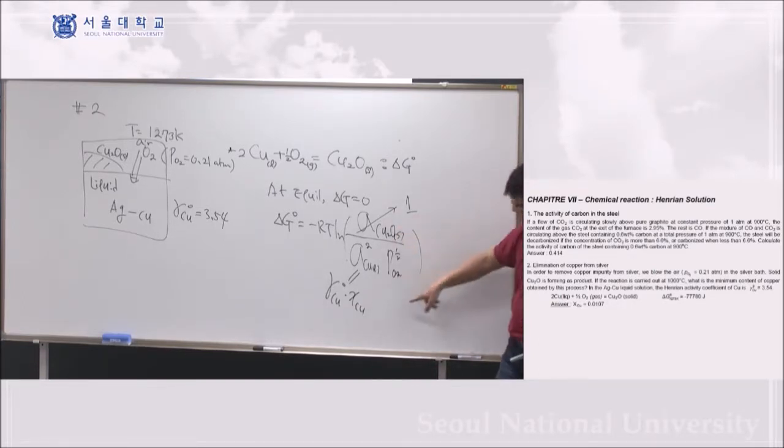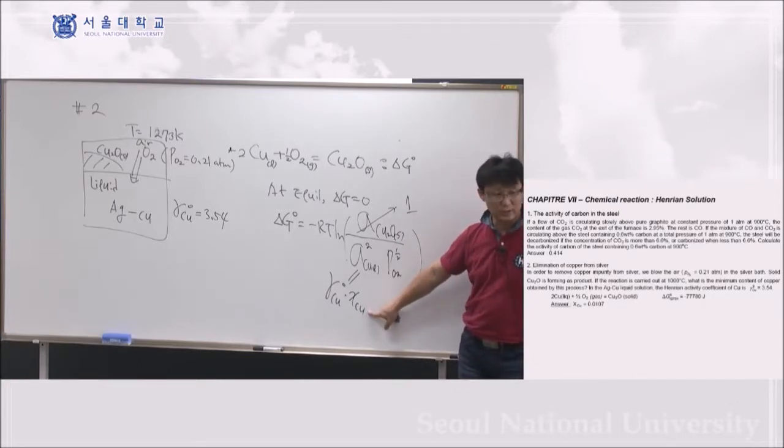So if you enter all this, you can get the mole fraction of the copper. Is it okay? Good?